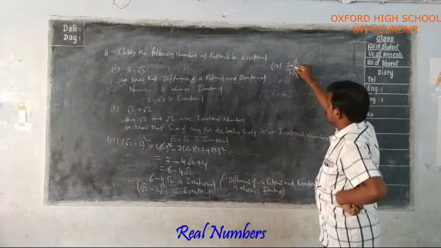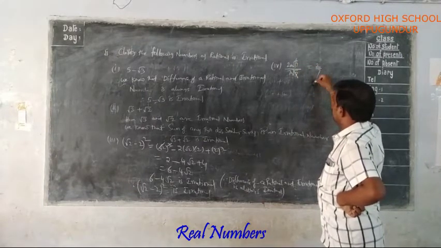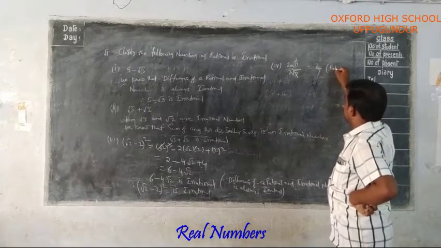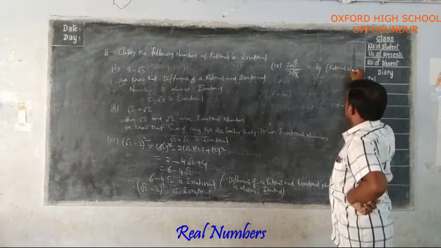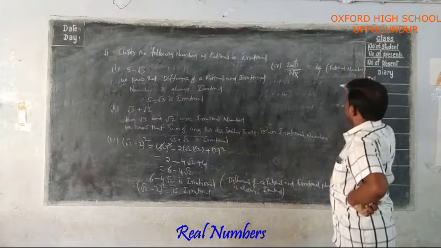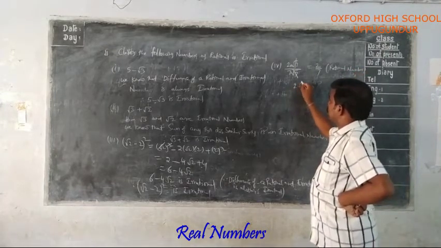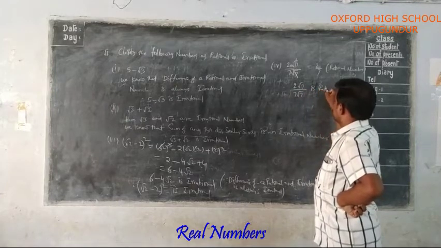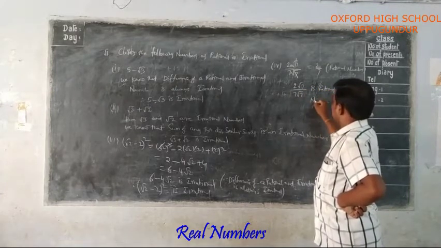Root 7 gets cancelled. You will get 2 by 7. We know that 2 by 7 is a rational number. Therefore, 2 root 7 by 7 root 7 is a rational number.